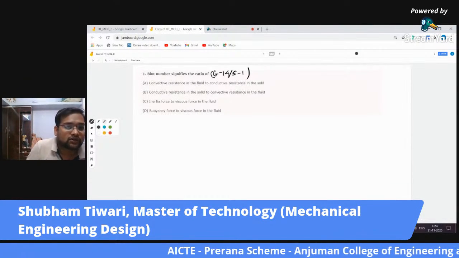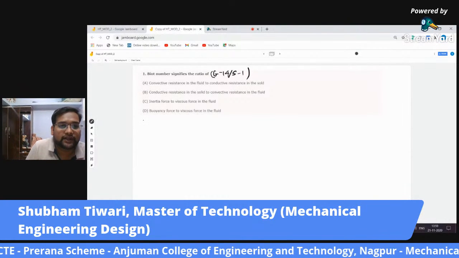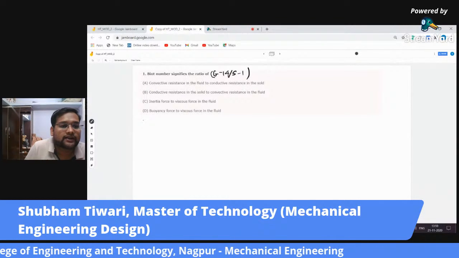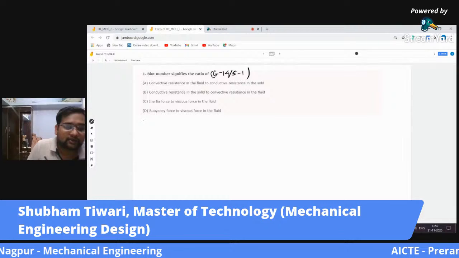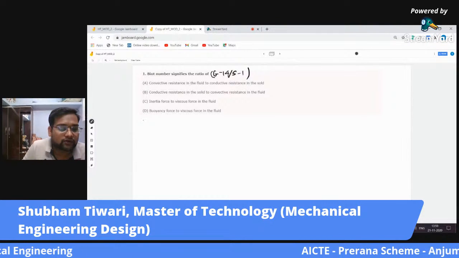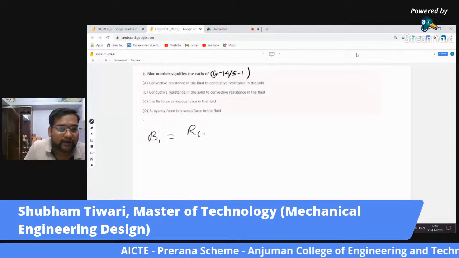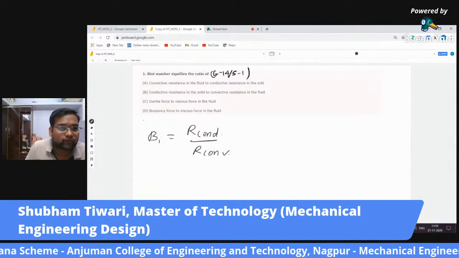Okay, so the question here was asked in GATE 2014, first session. The question says: the Biot number signifies the ratio of what? I told you that the Biot number is R conduction upon R convection.